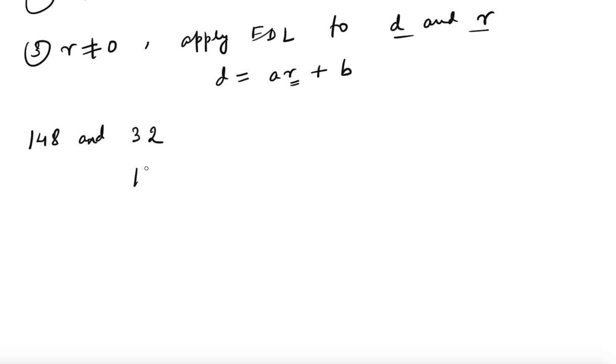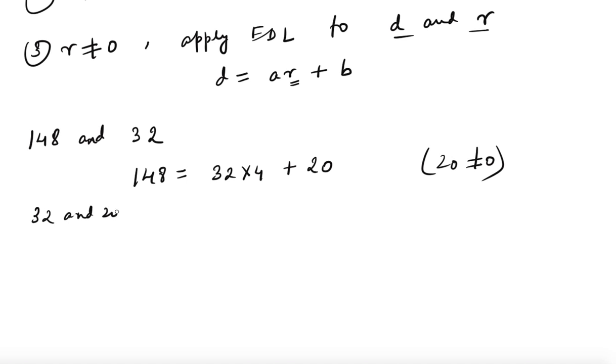Now I can write 148 as 32 into 4 plus 20. Now you can see here that the remainder 20 is not equal to 0. So we have to continue our Euclid's division lemma process to the numbers 32 and 20.